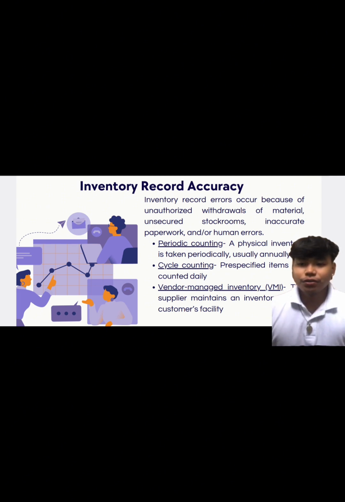Periodic counting: a physical inventory is taken periodically, usually annually. Cycle counting: selected items are counted daily.